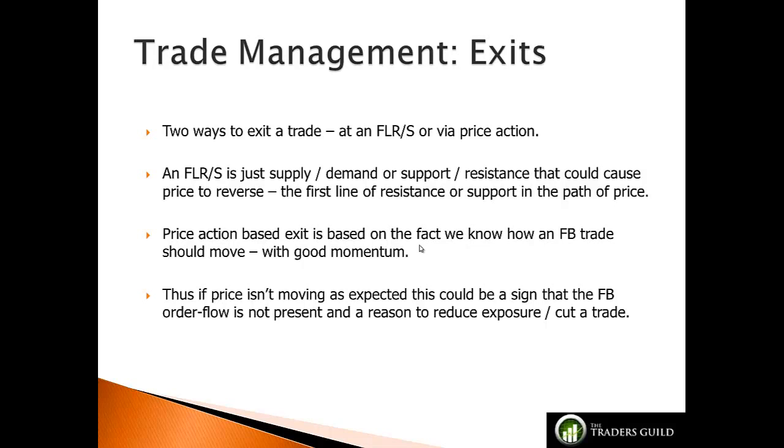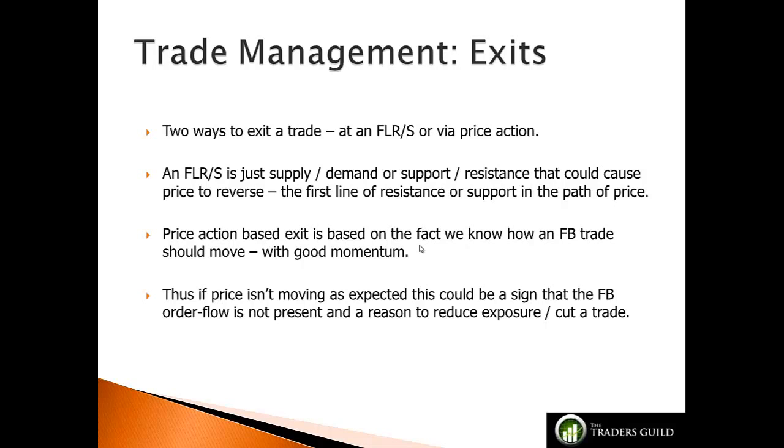Consider the pair. If it's dollar CAD, for example, that's a choppy, sideways moving pair relative to, say, Aussie yen. You've got to look at the pair, the time frame of trading, and the surrounding price action. How does price generally move? If it's going sideways where you don't expect it to, that's a potential reason that suggests the order flow you want present in the false breakout isn't present, and therefore it's time to reduce my exposure.